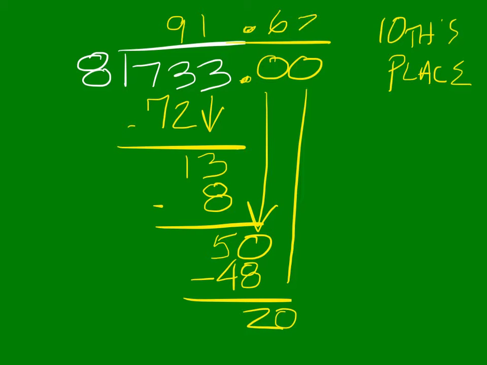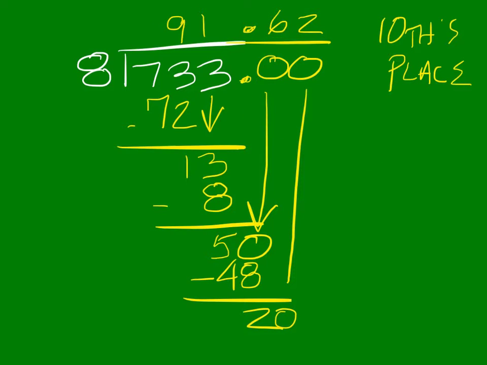2 times? Yep. We're rounding to the 10th place, which is right here. So what do I look at? The 2. Is the 2 5 or higher? No. So if it's not 5 or higher, then what do I write for my final answer?